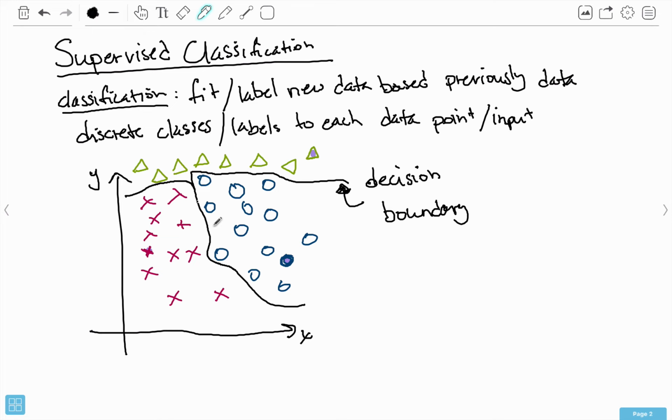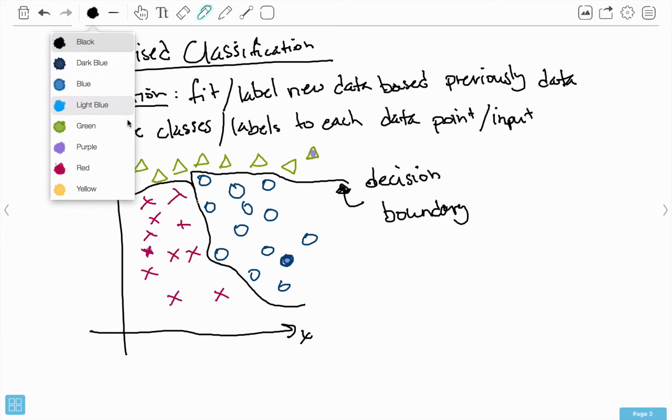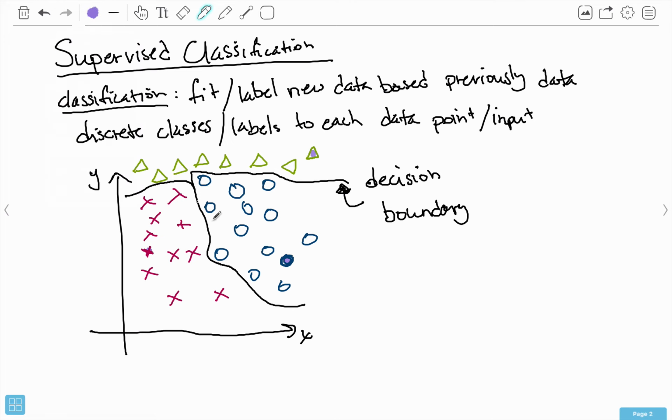It might not be the case that you have such nice two-dimensional data like this, but there are ways that you can fit it onto a plane that I'm not really going to get into too much. But here's a question. What if my point was right over here?